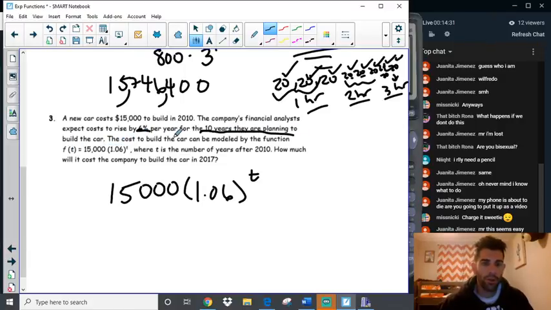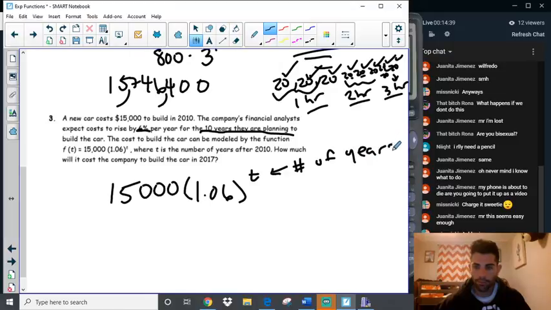The cost to build the car can be modeled by this function. t is the number of years. The cost to build the car can be modeled by the function f of t equals 15,000 times 1.06 to the t, where t is the number of years after 2010.